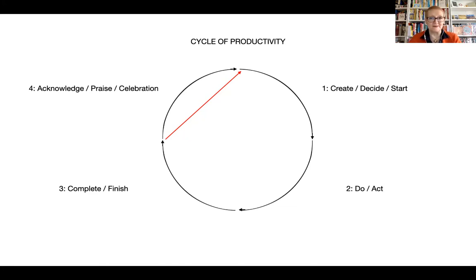So whilst all the areas of the cycle are incredibly important, each sector needs to happen before the next one can happen. Personally, I think the most important part that you can concentrate on is sector 4, the acknowledging, the praising, and the celebration, because we don't do it enough.